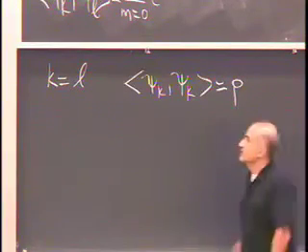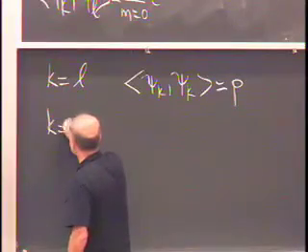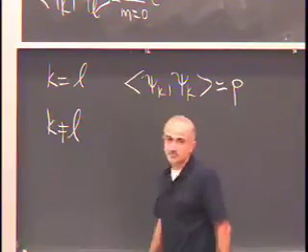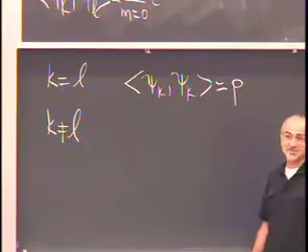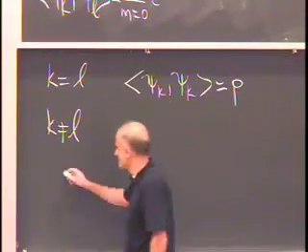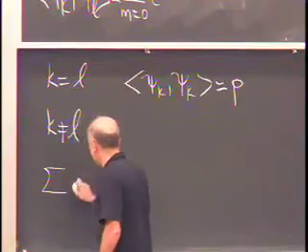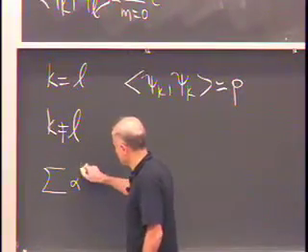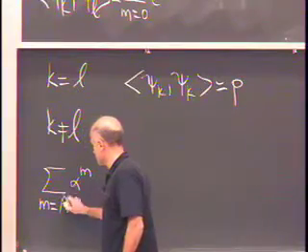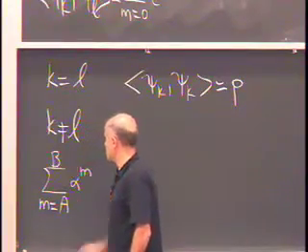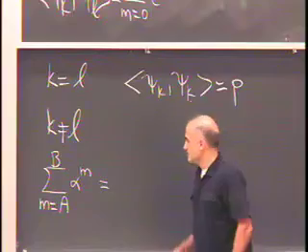Okay? Now, what if k is not equal to L? Well, you'd hope, wouldn't you? This is where I have to give you a formula. M equals A to B. This is alpha.